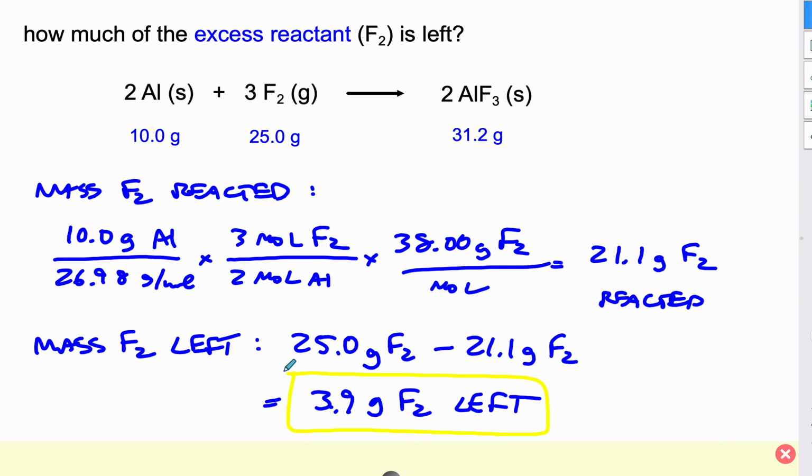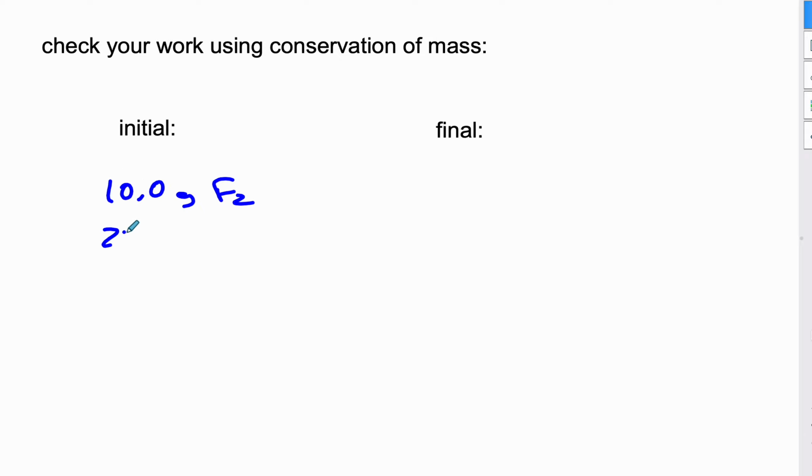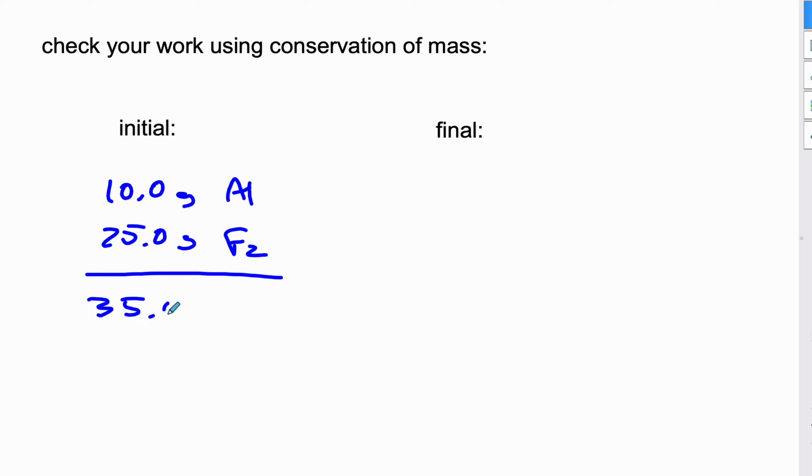Now, in this case, I can check my work by using conservation of mass as we've done before. I started out with 10.0 grams of aluminum and 25.0 grams of fluorine, so 35.0 grams total.